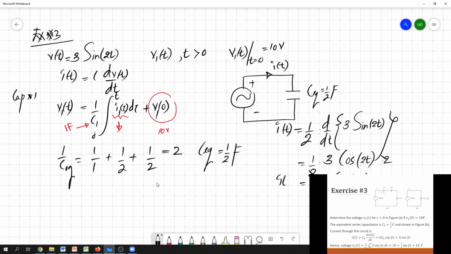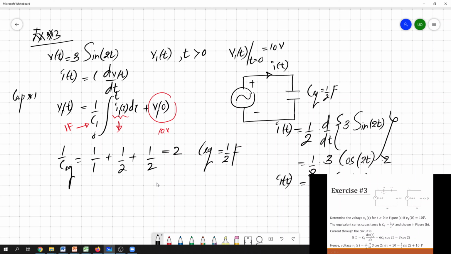This is the total current flow through the capacitor. If you apply a voltage across the series set of capacitors of 3 sine 2t, you get the current as a cosine, because the sine function, when differentiated with respect to t, becomes a cosine.